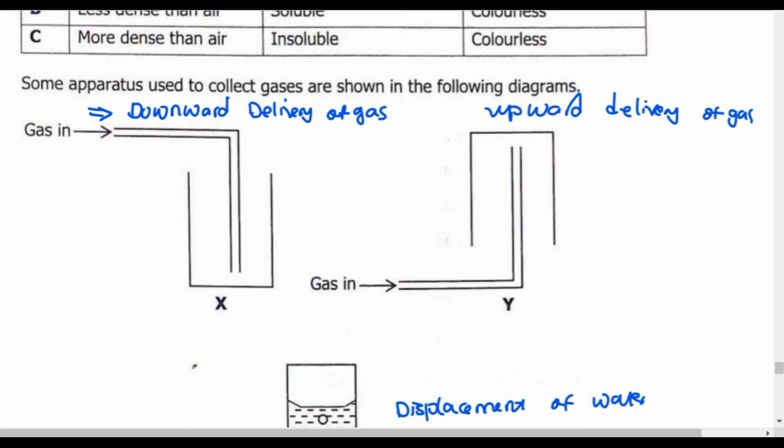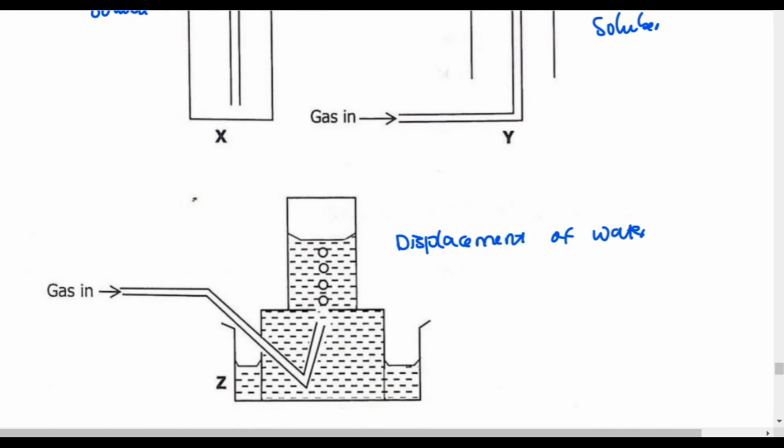The first one is for gases more dense than air, then the second for gases less dense than air. So it has to be soluble and also here soluble. For this one, we are not interested in density. Our focus is the gas must be insoluble.